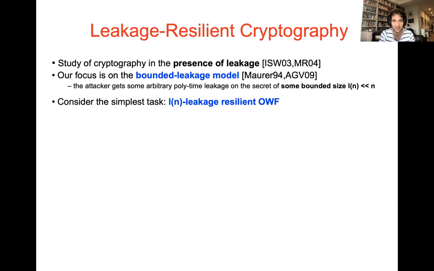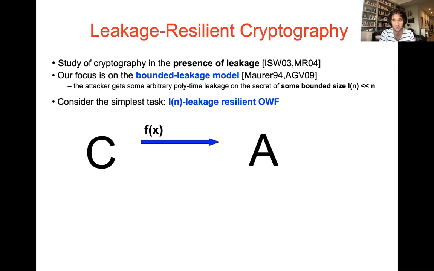So let us focus on the simplest and perhaps the most fundamental task in crypto, that of a one-way function, and let us focus on the task of L leakage resilient one-way functions. We can specify this as a security game between a challenger and attacker. It proceeds in the beginning just like the normal one-way function security game.